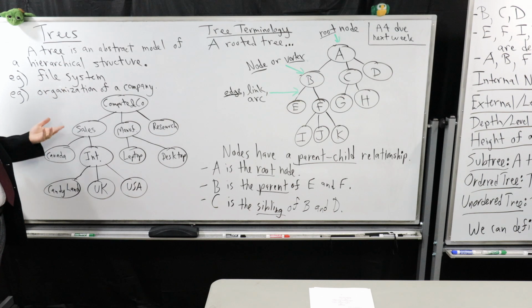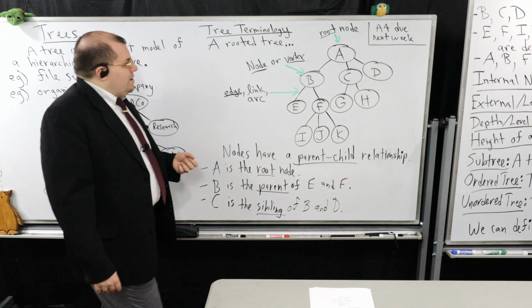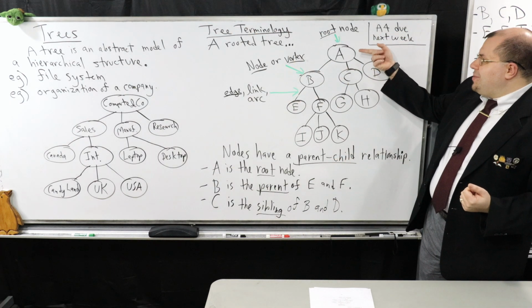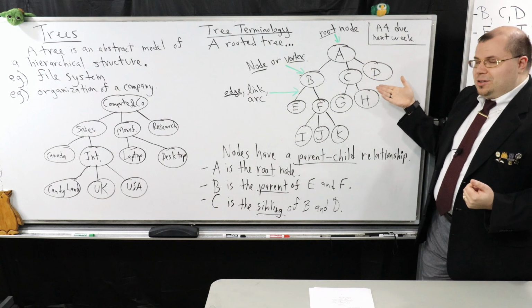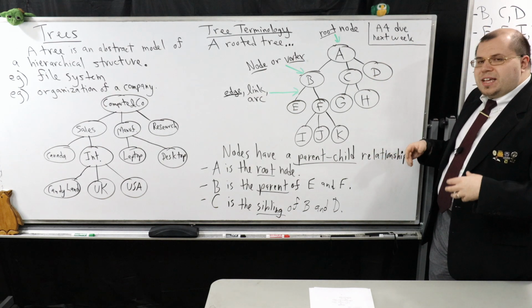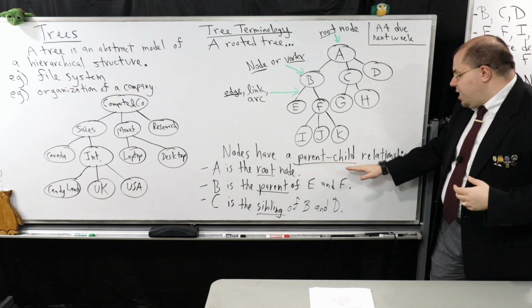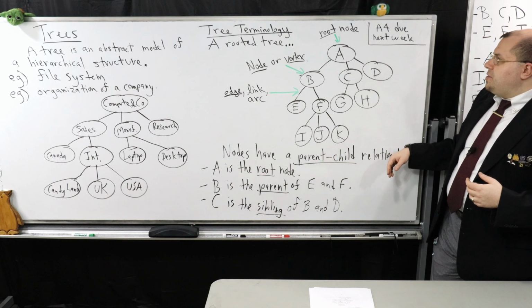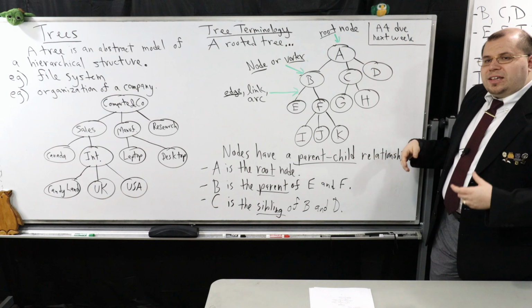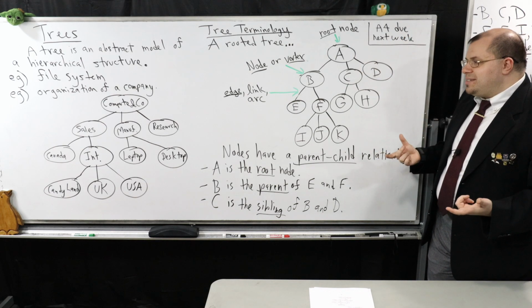That we'll designate the root. So that's where all of it seems to come from. So I got to talk about some terminology. So there's a lovely picture. And as I said, nodes have what we're going to refer to as a parent-child relationship. So we're going to have a root node. There's going to be other nodes. And these nodes are connected by edges.